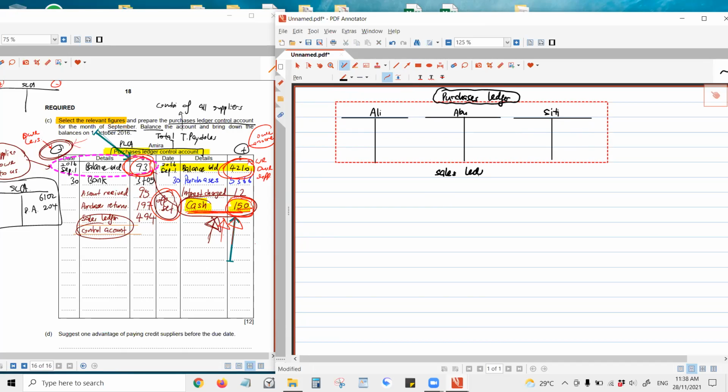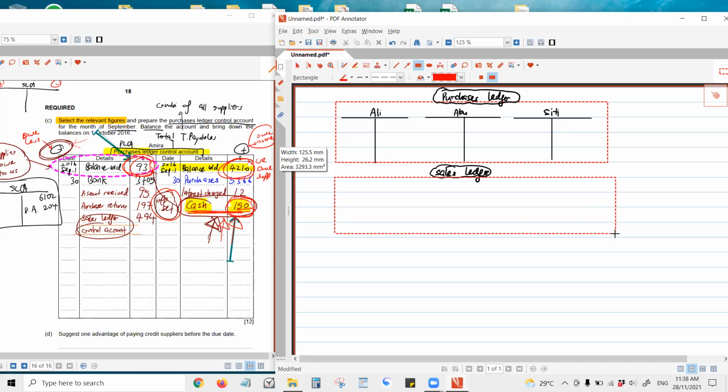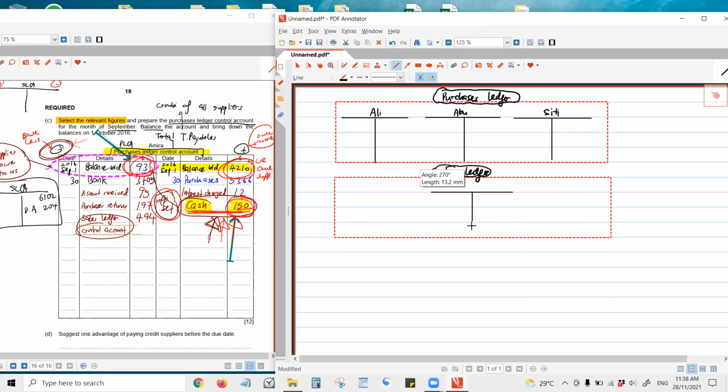And then sales ledger. So sales ledger section contains what? Customers account, right?